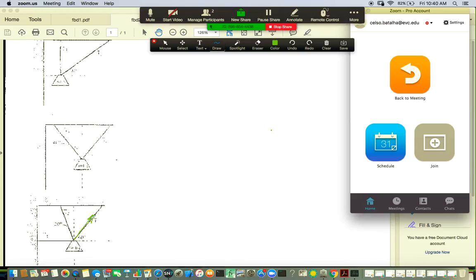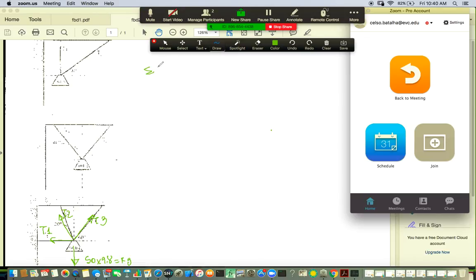This looks like T3, this looks like T2, and we have T1 right here, and there is an mg going down, and the mass is 50 kilograms. So the weight is 50 times 9.8.